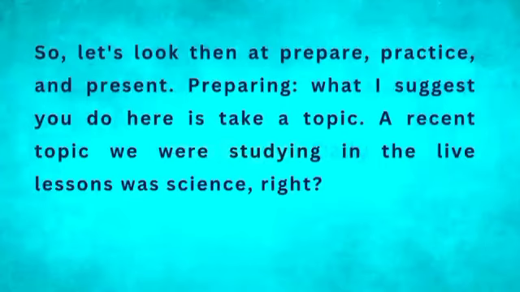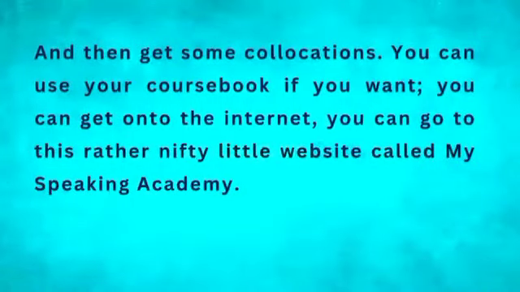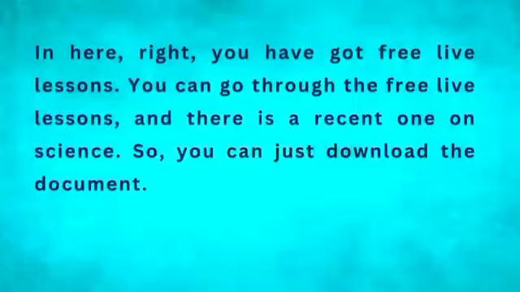So let's look then at prepare, practice, and present. Preparing. What I suggest you do here is take a topic. A recent topic we were studying in the live lessons was science, right? And then get some collocations. You can use your course book if you want. You can get onto the internet. You can go to this rather nifty little website called My Speaking Academy. In here, right, you have got free live lessons. You can go through the free live lessons, and there is a recent one on science.